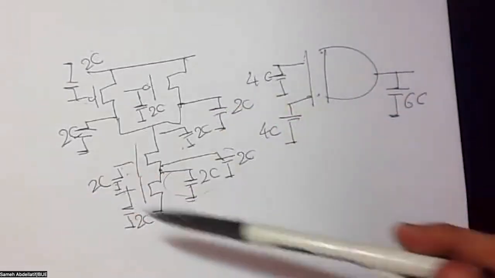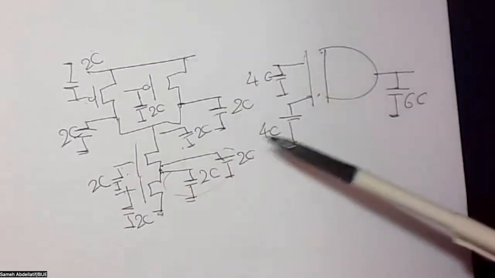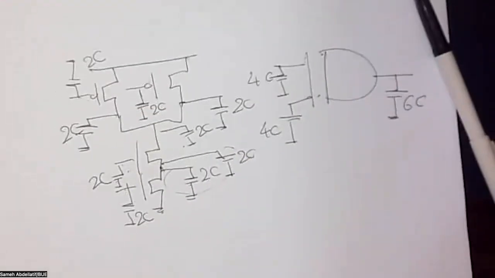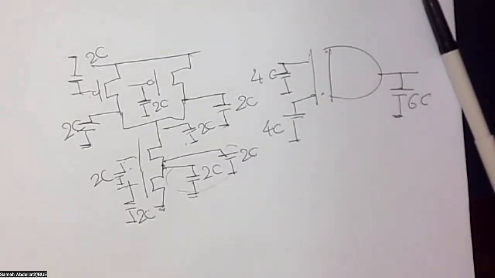And also we can make a stick diagram as well as a layout for any other type of logic gate using the same approach. So this is what we need for this lecture. Thank you very much, my dear students, for your concentration, and see you in the next lecture, inshallah.